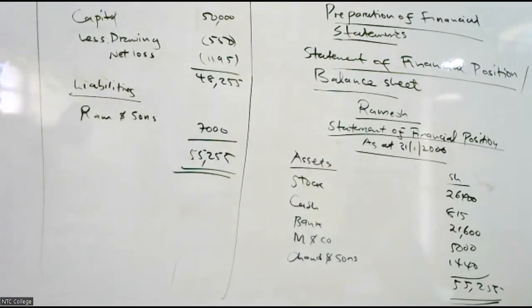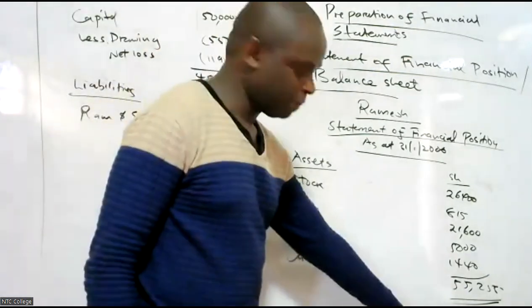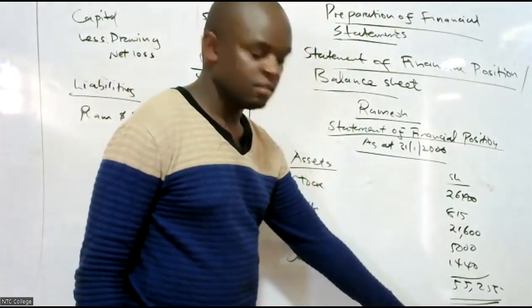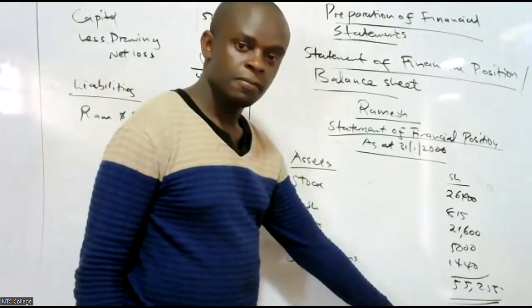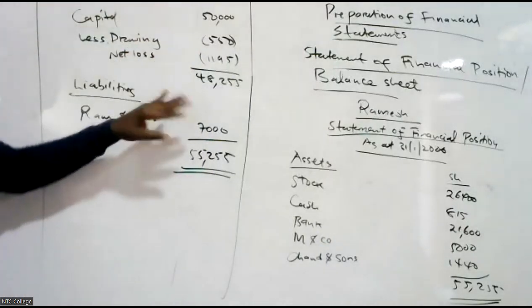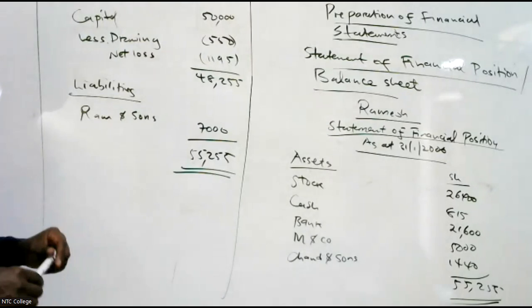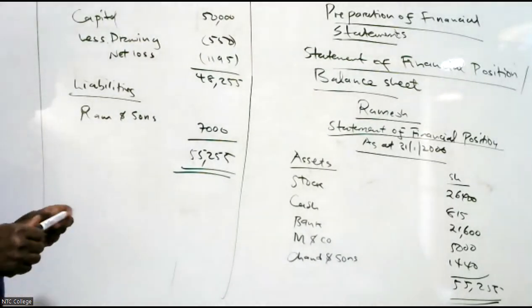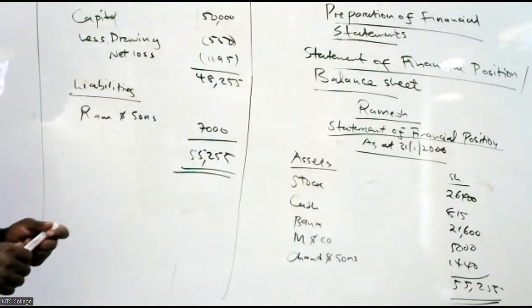How are you, Ronald? I'm well. 55,255. That's the asset side, isn't it? Yes. And then on the capital and liability side, how much are you getting as the total? The same as the assets.